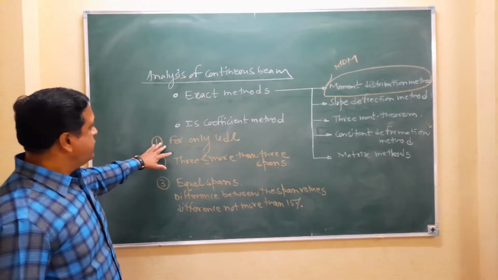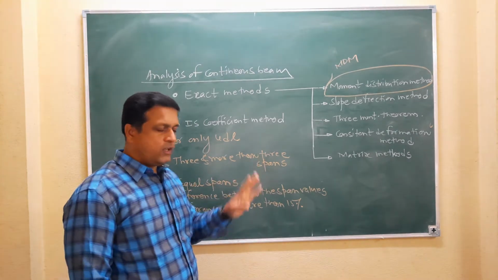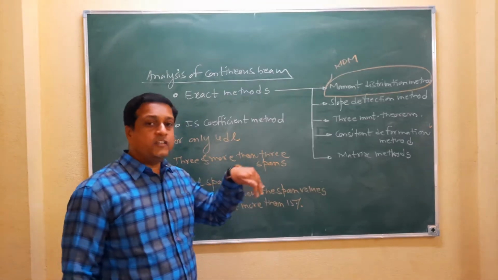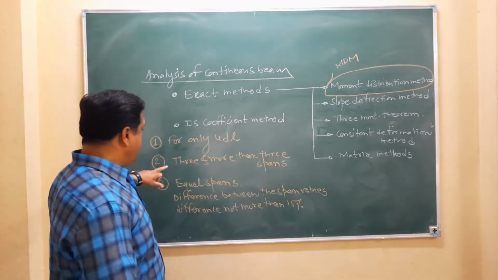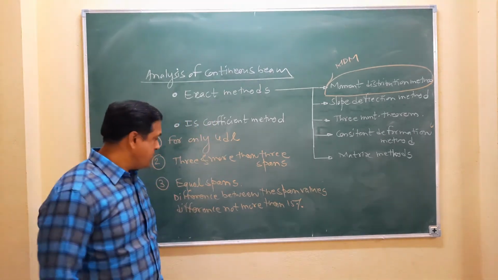Look here, for only UDL. A continuous beam having a point load, it is not applicable. When the continuous beam has UDL, then this method is applicable. When 3 and more spans, then this method is applicable.